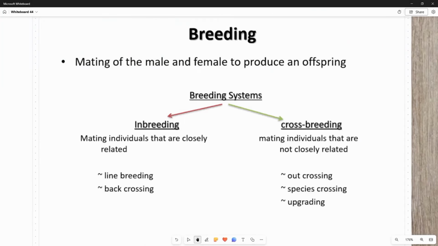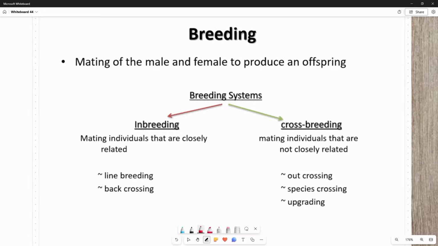Then we move on from these methods of selection. We talk about breeding now. This is the last chapter in our lesson for today. Breeding, in simple terms, is the mating of the male and the female to produce an offspring. It's a sexual reproduction type.